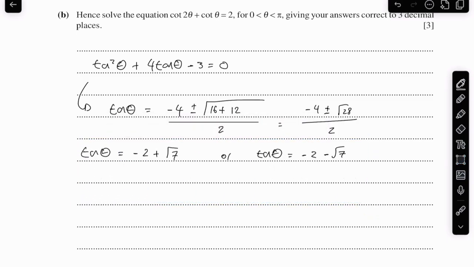Right, and if I draw a quick two tables here, we've got n and theta. If we've got n equals 0, because tan theta is equal to minus 2 plus root 7.